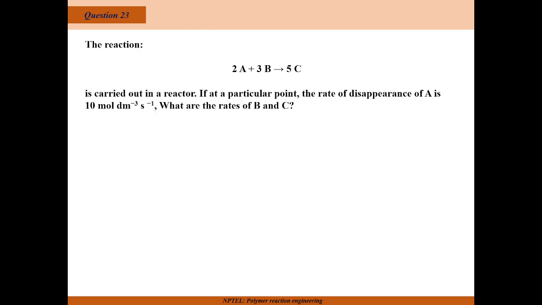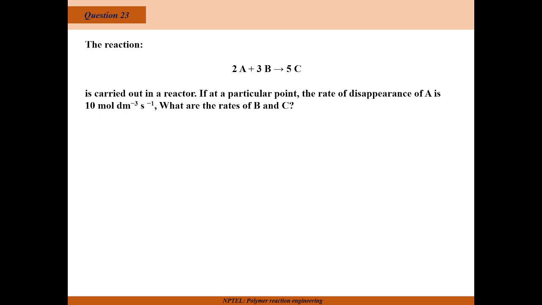Okay, now see this reaction. Here we are having 2A plus 3B, which gives us 5C, carried out in a reactor. If at a particular point the rate of disappearance of A is 10 mole per decimeter cube per second, what are the rates of B and C?